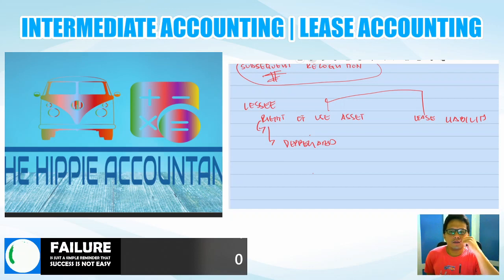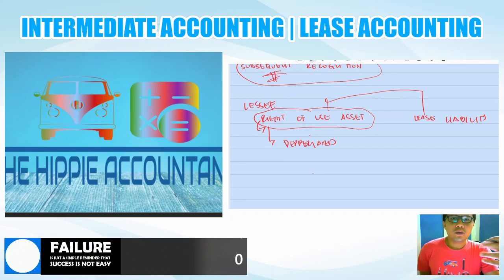Because in essence, if you look at the transaction, this right of use asset represents our ownership in the form of right to the asset, which in substance was acquired through finance lease.